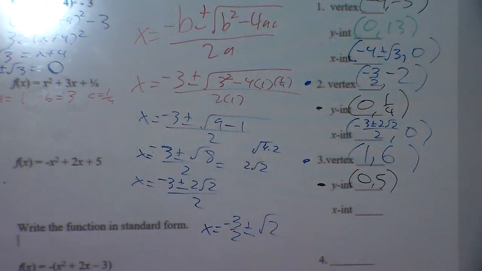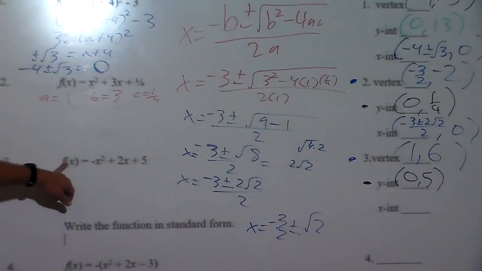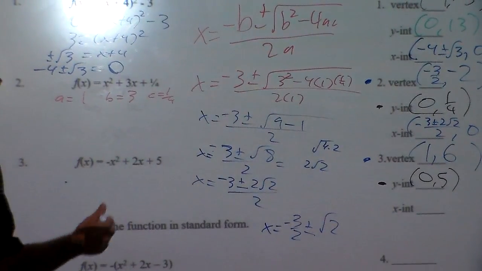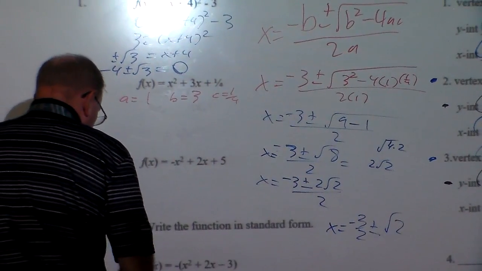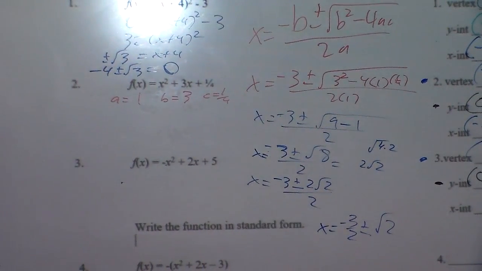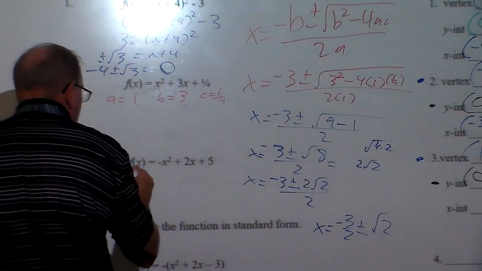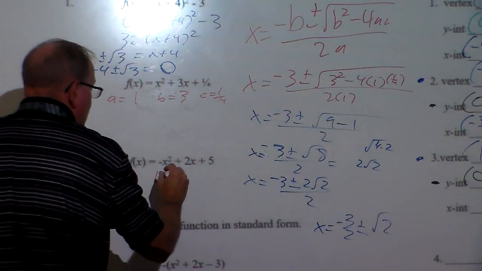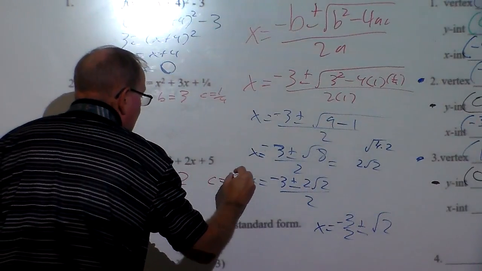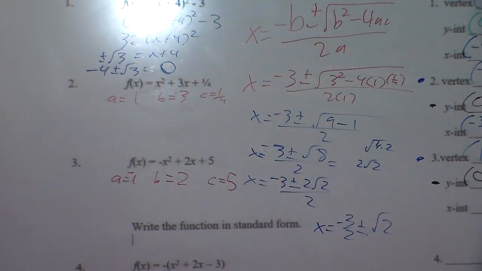And then to find the x-intercept on this one right here, I'm going to use the quadratic formula, but here a is what? Remember, everything you say is being recorded. a is not 1, but -1. b is 2, and c is 5.